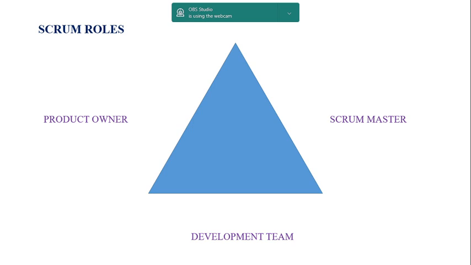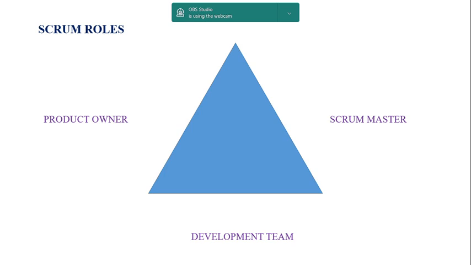So these are the key roles of Scrum. We already discussed here the product owner, Scrum master and development team. These are the three key roles present in Scrum. The product owner is the one solely responsible for the entire activity going on in the team. The Scrum master is a facilitator between the product owner and development team as well as the clients.